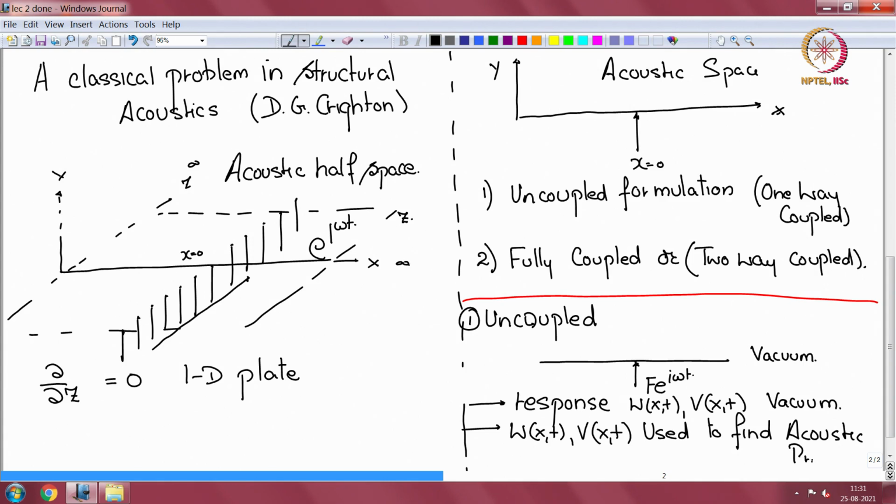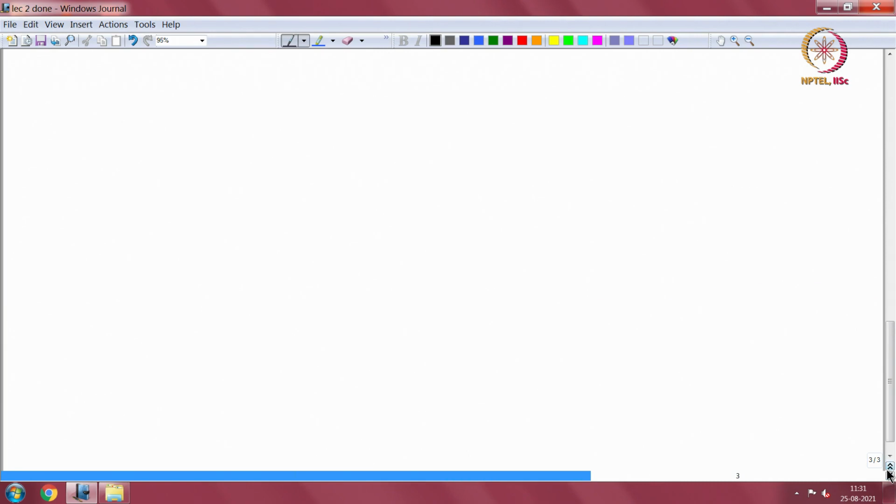So that means only one unknown at a time. The first unknown is, let's say, the plate velocity. Then after it is found, the second unknown is the fluid pressure.